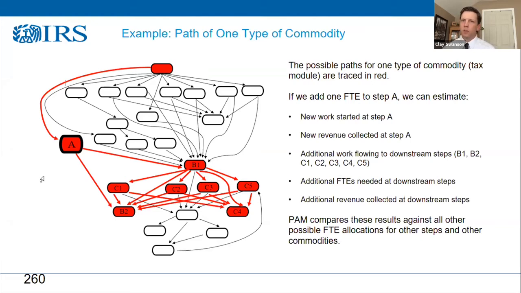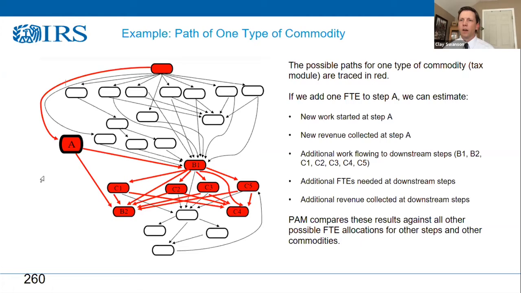It's a simple scenario, but there are a lot of calculations that result. For instance, how many new modules are started at step A due to the one FTE that was added there? Essentially, what is the work rate of the one FTE at step A?